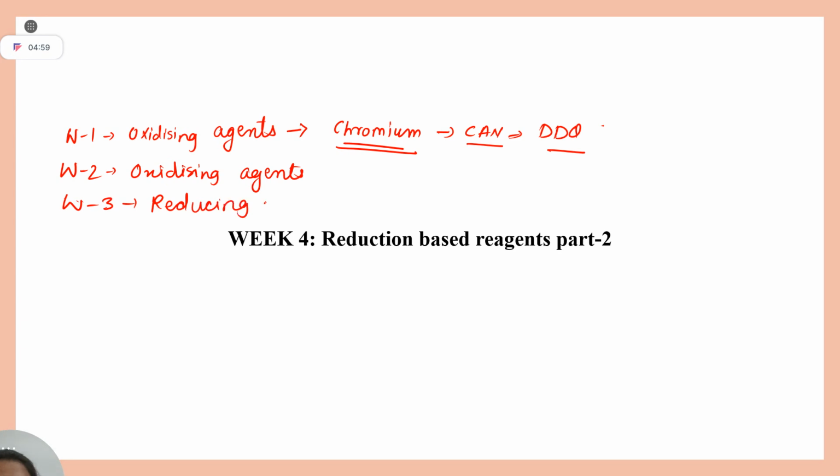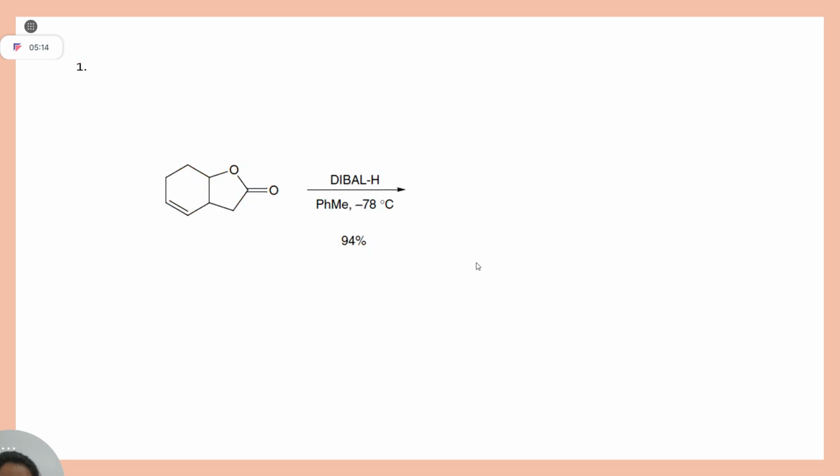In this week also we will cover reducing agents based on aluminium and boron. Sorry for my voice, I am having a cold, so my voice is breaking. I hope you have taken Sir's lecture.